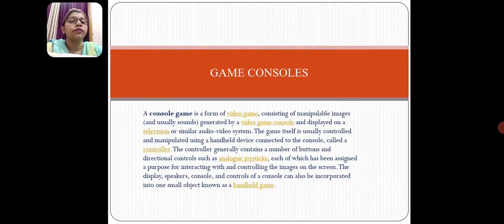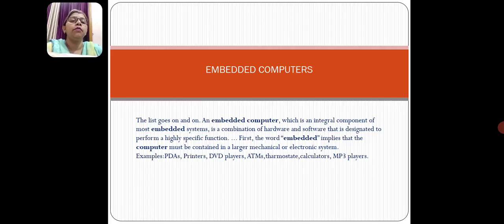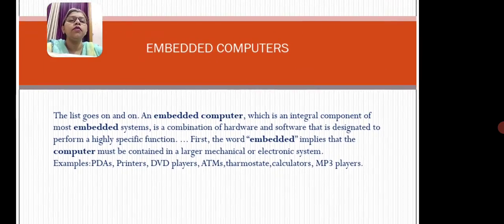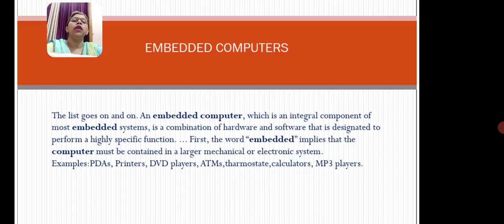Next, embedded computer. What is an embedded computer? An embedded computer is an integral component, and most embedded systems are a combination of hardware and software designed to perform highly specific functions.